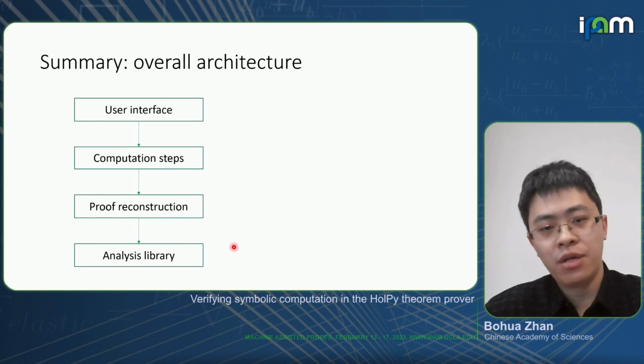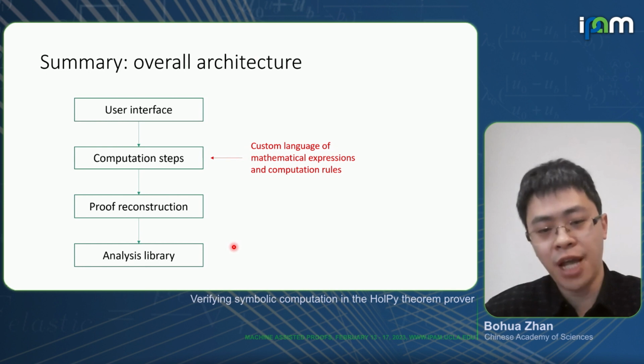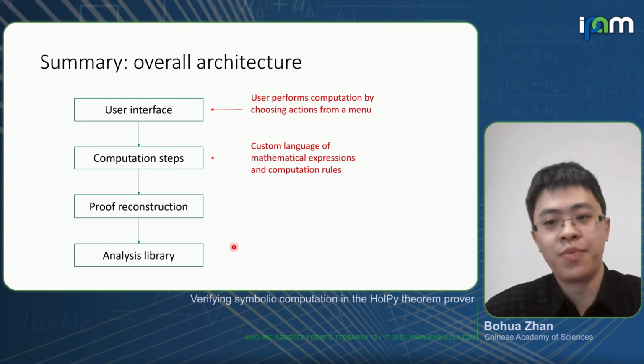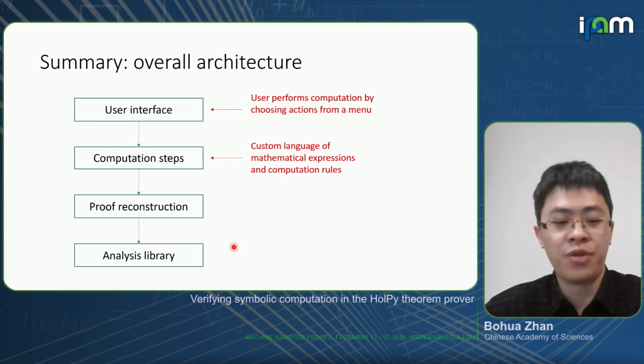So in summary, the overall architecture of our tool can be seen like this. It is a layered architecture where the central part is this language of computation steps. We define a custom language for our tool for mathematical expressions and the rules of computing integrals. Above this level, we have the user interface where the user can perform computation by choosing actions from a menu, which would form the sequence of computation steps.